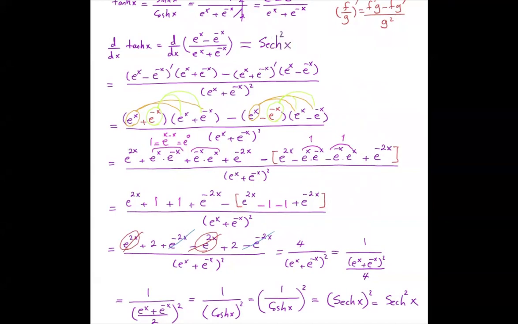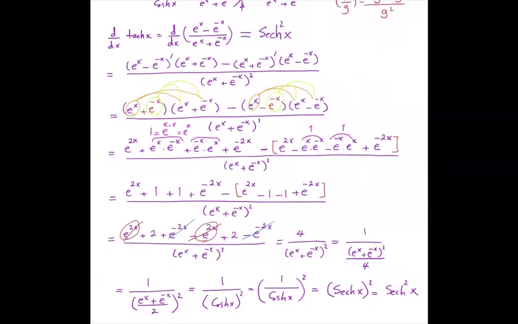And this is the algebra behind it. We did the calculus part, we took the derivative, and we did a lot of algebra to show that this can be written as hyperbolic secant to the second power.